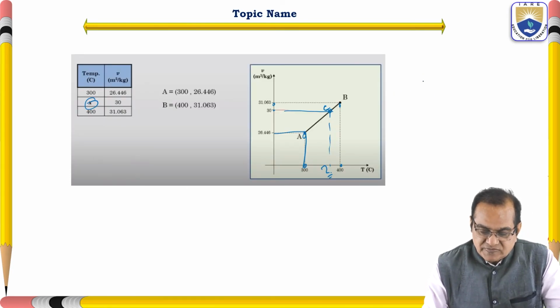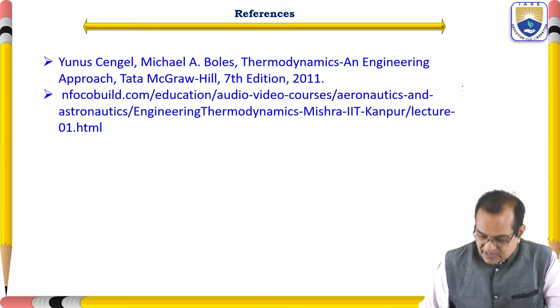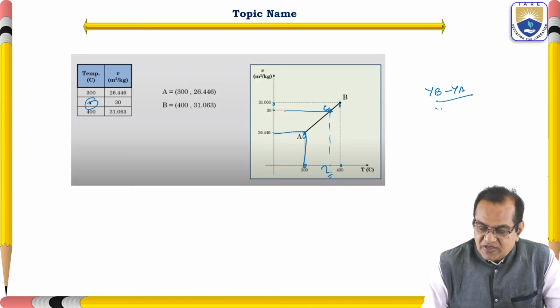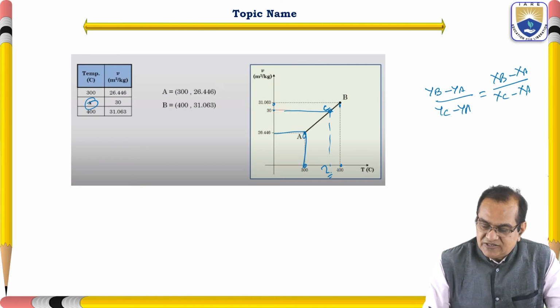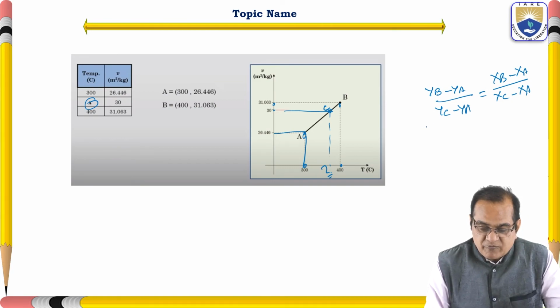Means if it is YB minus YA divided by YC minus YA is equal to XB minus XA divided by XC minus XA. Here you can put the values and you will get XC.